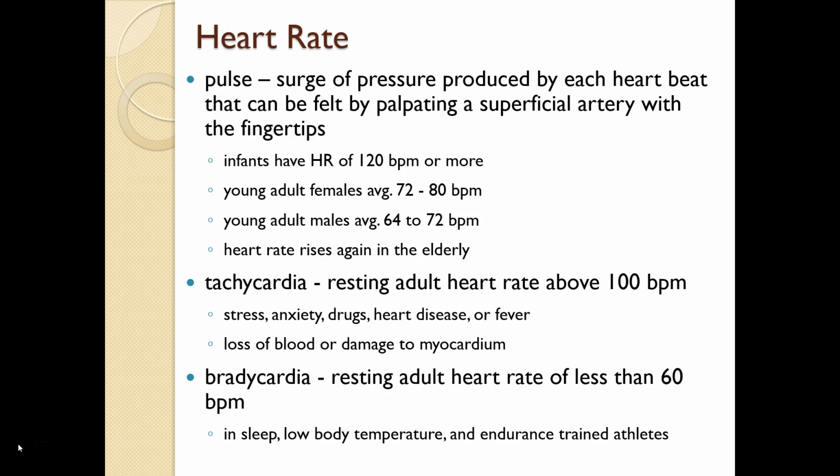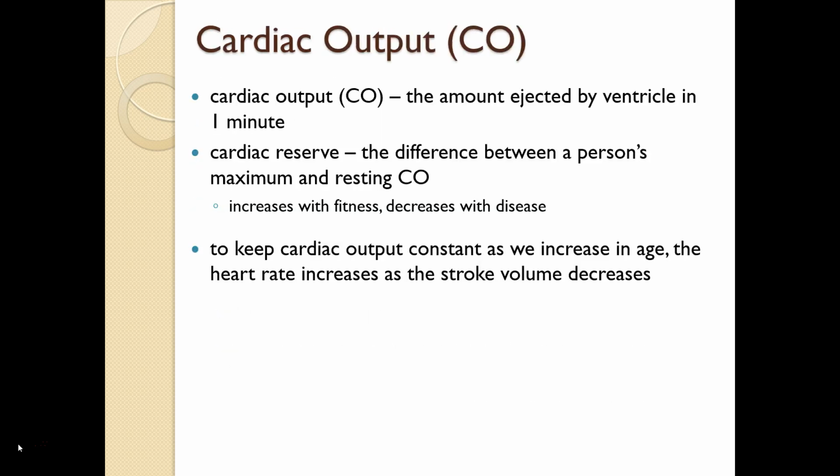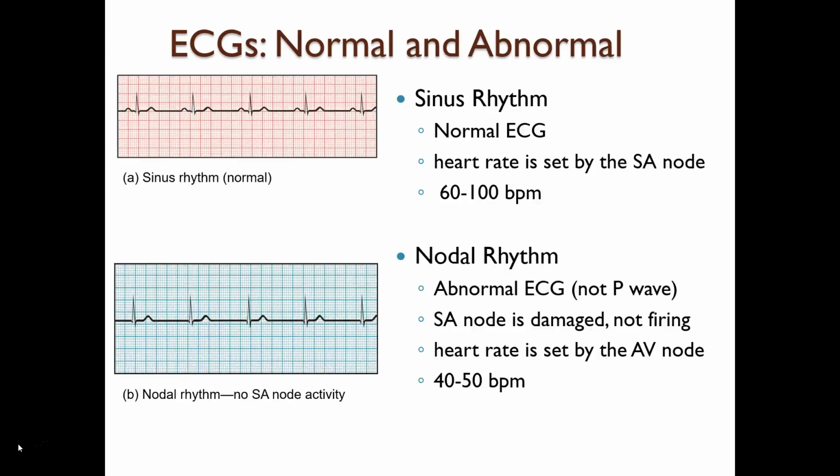And then I would ask you something like, if the person's heart rate is 55 beats per minute and they have no P wave, that would mean they would have a what? A nodal rhythm. Okay. And I could also have, so that could be A, nodal rhythm, B could be intrinsic ventricular rhythm, C could be tachycardia, D could be bradycardia, and then E could be two of the above, or A and C are correct.